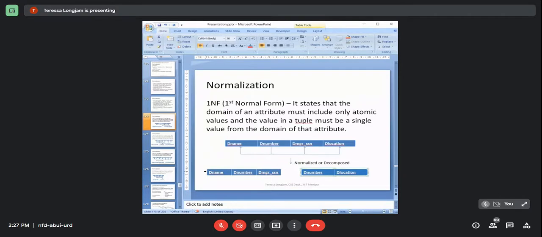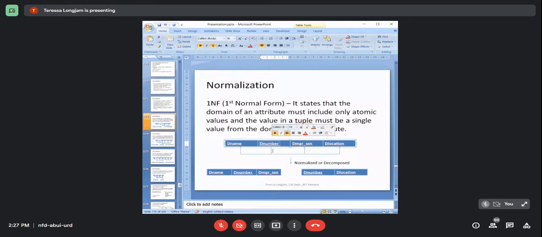In this relation, you can say this is the original relation after removing D location. After removing D location, you will have D name, D number, and DMGR SSN, isn't it? We have removed D location, and we will make a separate relation containing D location along with the attribute on which D location is functionally dependent.